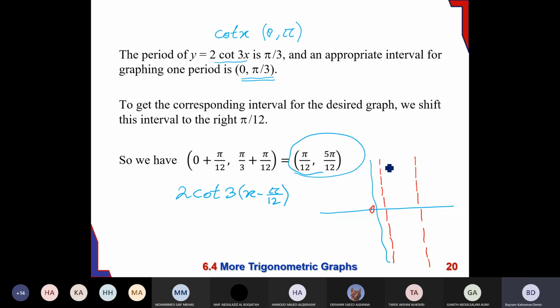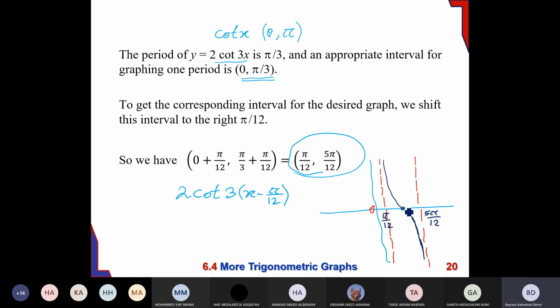Cotangent was a decreasing graph, right? So I will sketch a decreasing graph if I can. I guess, yes, I did. You see, it is pi over 12 here and 5 pi over 12 here.